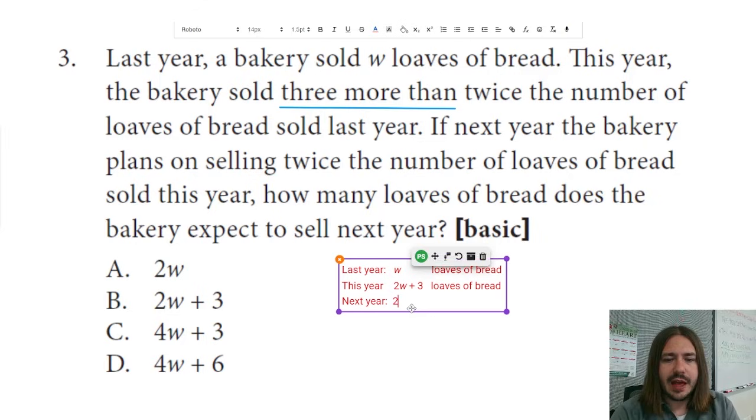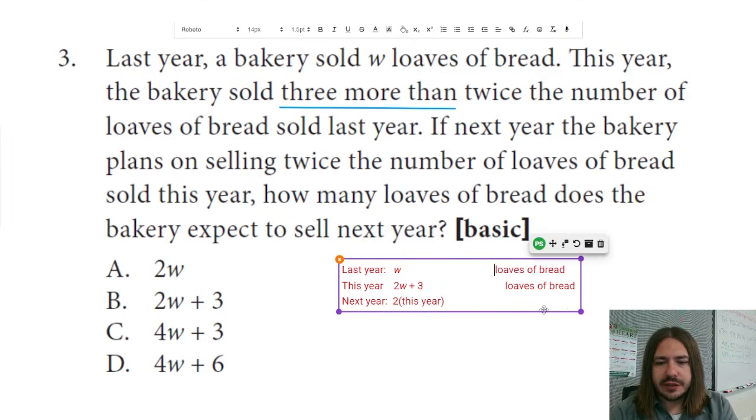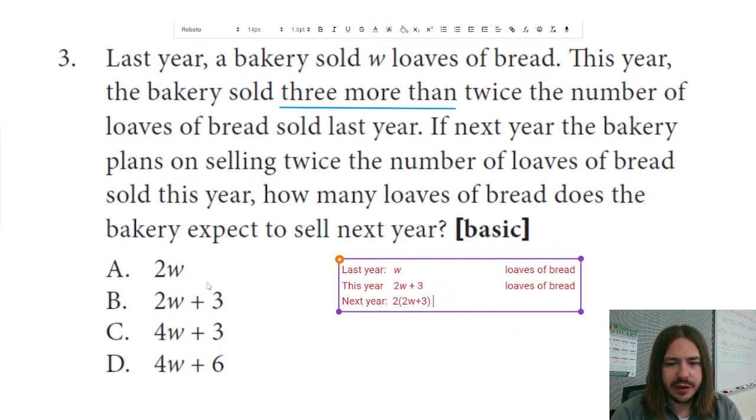Twice that would be 2 times whatever we got for this year. Now, this year, we already know it was 2W plus 3. So instead of just writing this year, I'm going to write 2W plus 3. And that's that many loaves of bread.